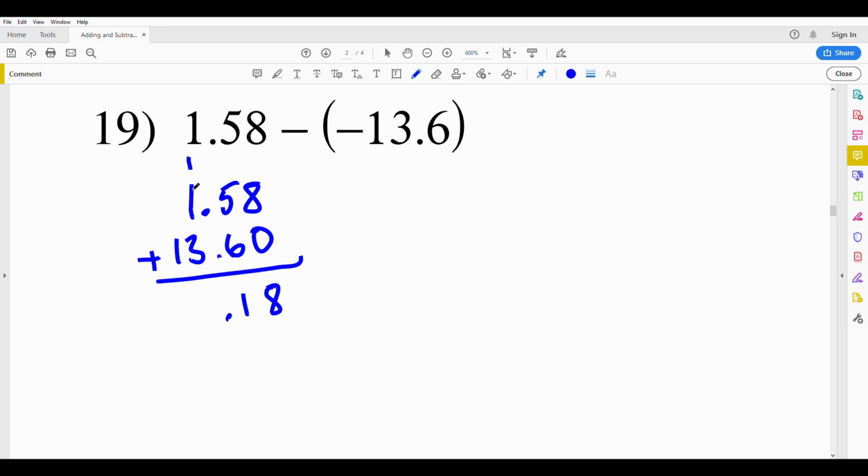And then I have 1 plus 1 plus 13, which is going to give me a positive 15. So 15 18 hundredths, or 15.18, is our solution in number 19.